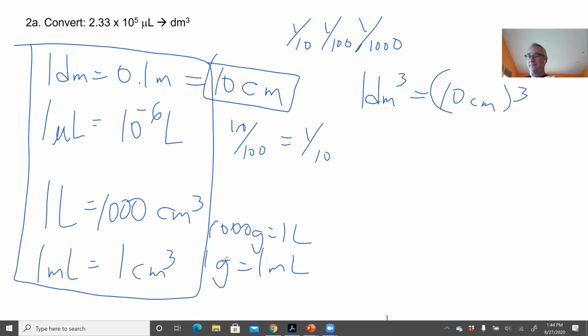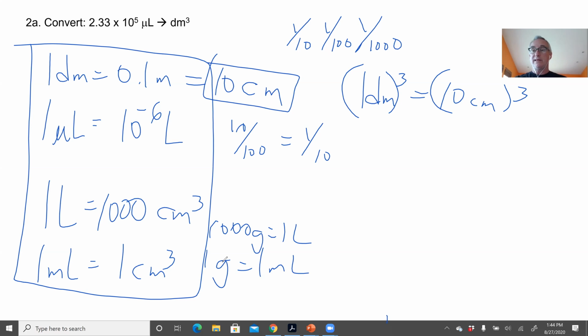Now, this is the mistake that most students make. They don't cube both. You have to cube both the unit and you have to cube the value in front of it when you're doing this sort of thing. So 1 decimeter cubed, we're basically cubing both those things. The 1 stays a 1 because 1 times 1 times 1 is 1.